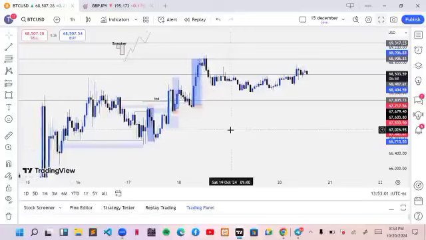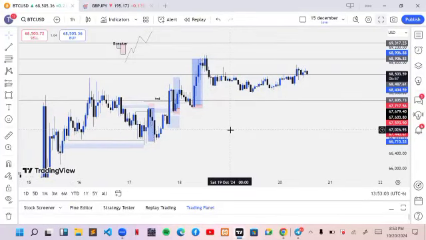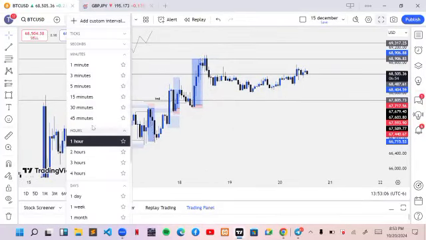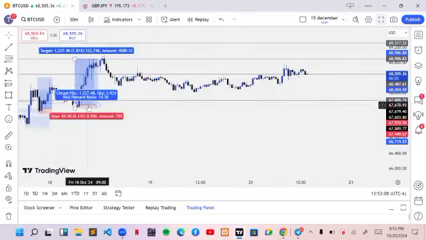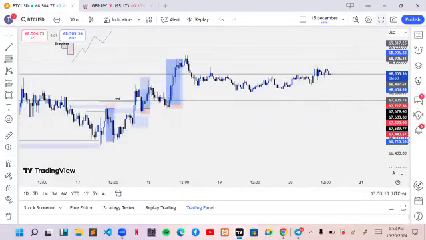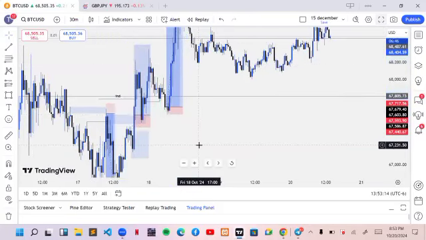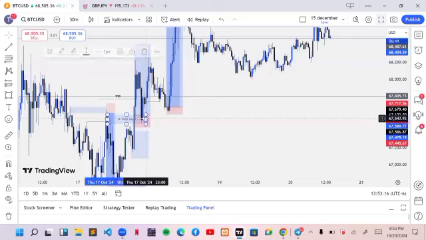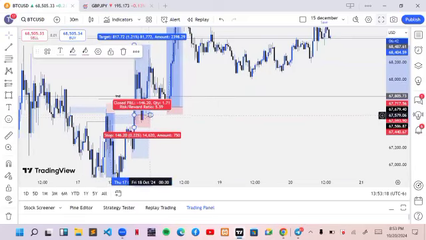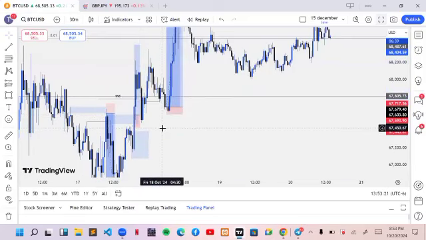I think, let me see if I can find that trade. I don't really remember the trade form. Let me see if I can find it. I think, yeah, it's this trade here. It was this trade, but I caught it very early when it was already moving. Let me send it to the comment.